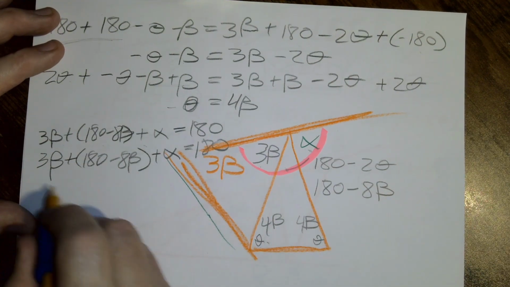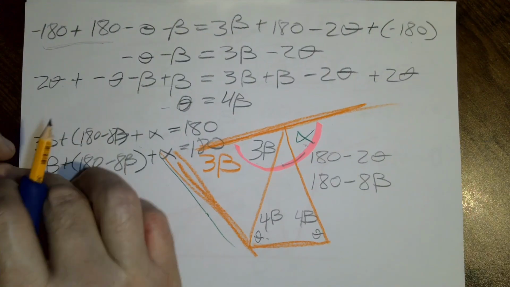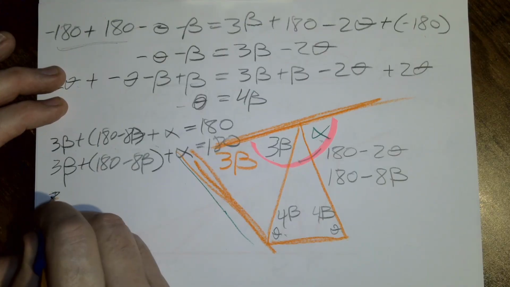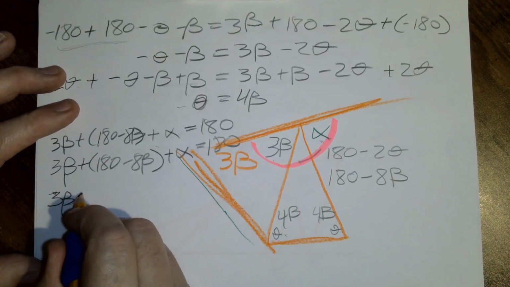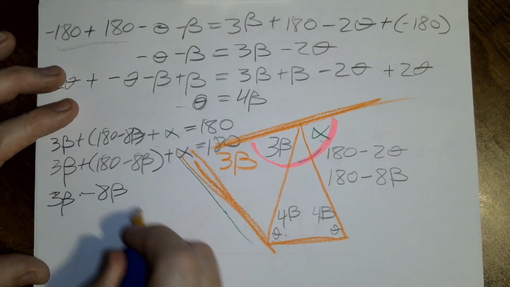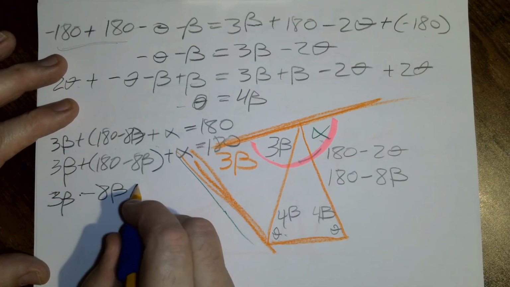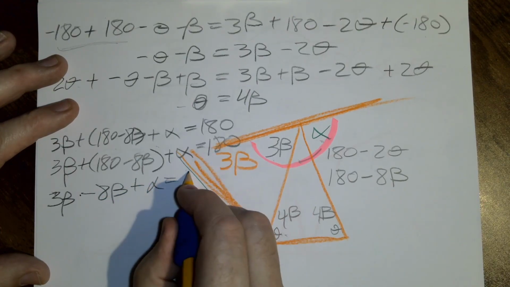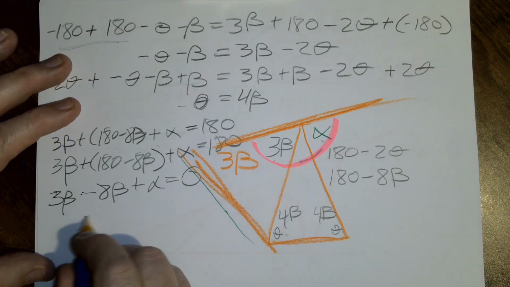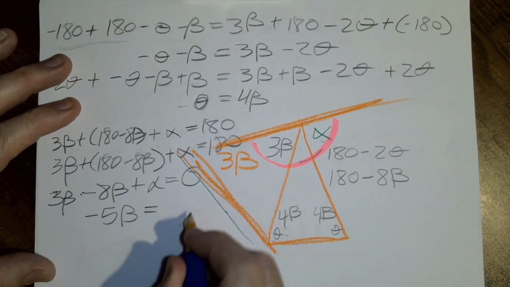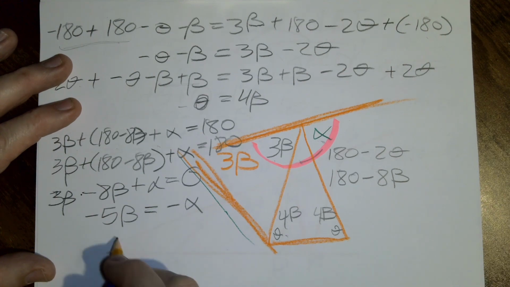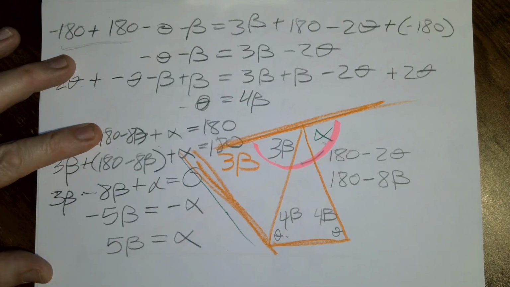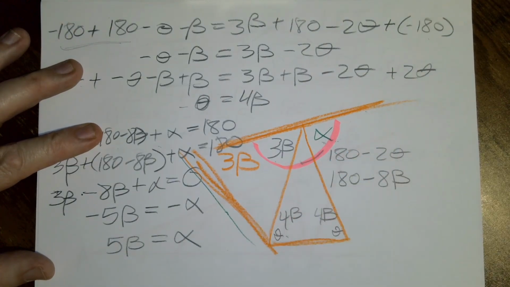So I'm going to write 3 beta minus 8 beta, and that 180 is gone, plus alpha equals 0. Negative 5 beta equals negative alpha. 5 beta equals alpha. Alpha is what we're going for.